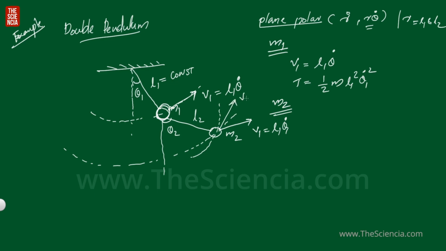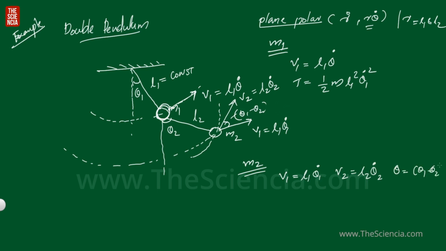This velocity is v2, that will be equal to L2 theta 2 dot. And the angle between these two will be theta 1 minus theta 2. Therefore, for the m2 mass, v1 equal to L1 theta 1 dot and v2 equal to L2 theta 2 dot, and the angle between them is theta 1 minus theta 2.